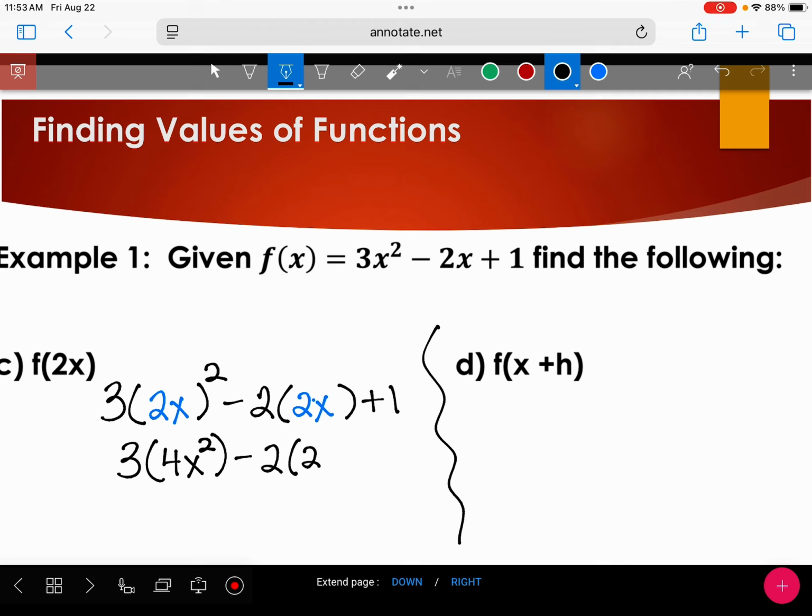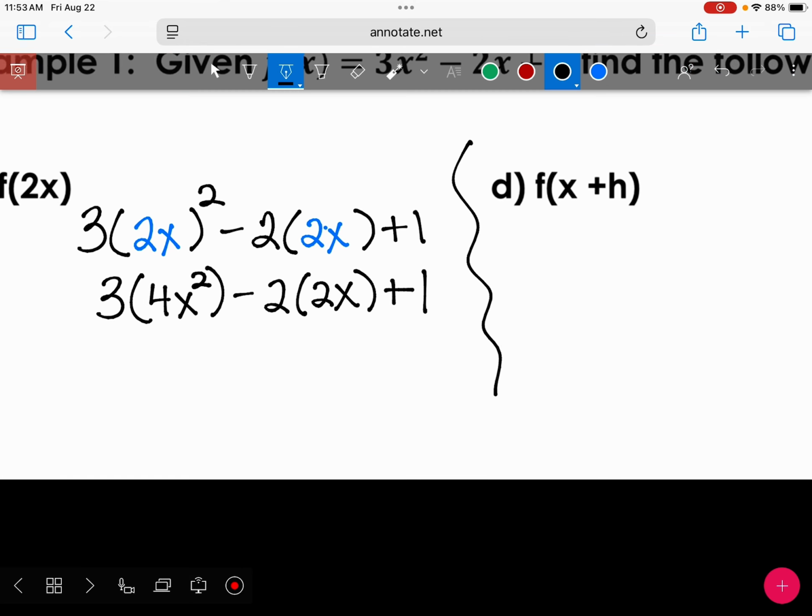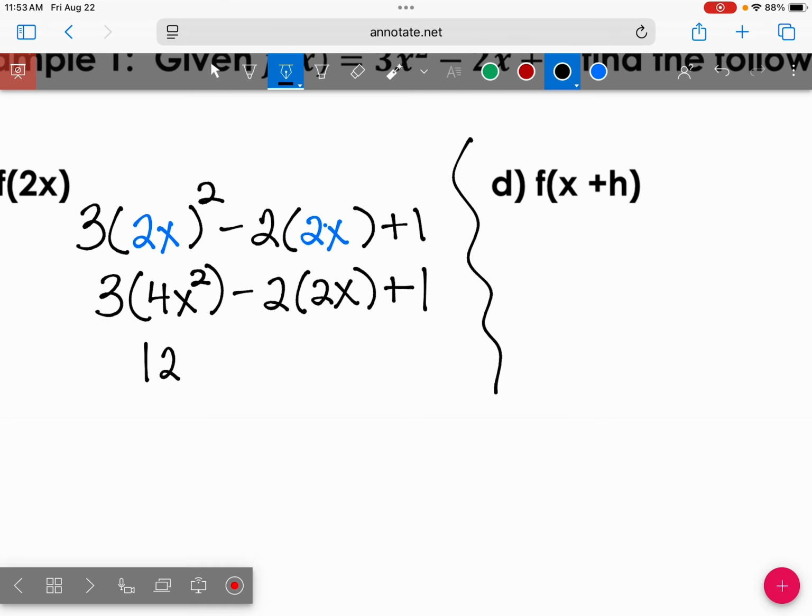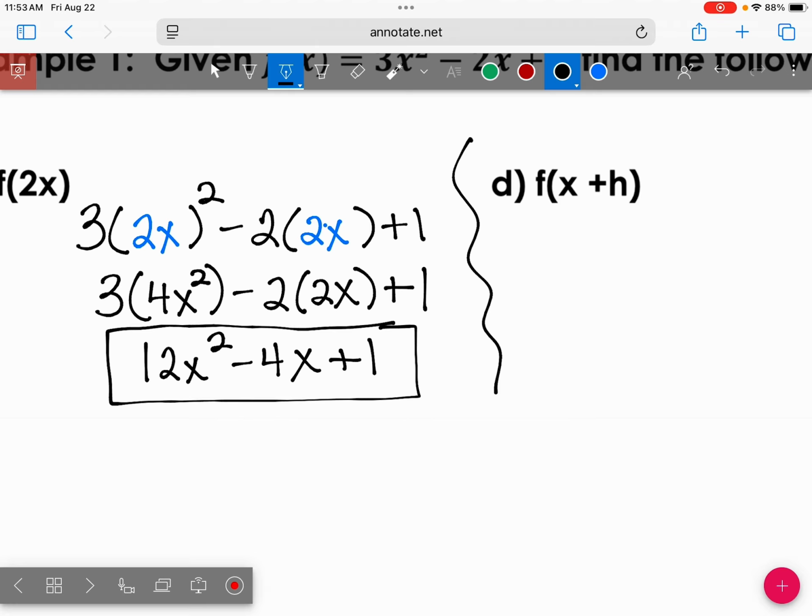Then I'm just going to write the rest. Then I'm ready to multiply. And do I have any more like terms? So that would be my final answer.